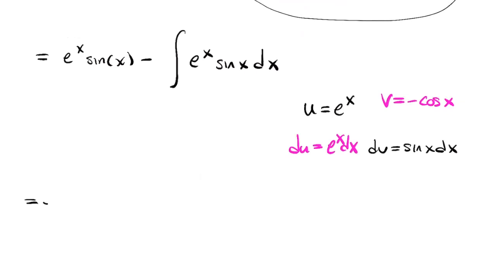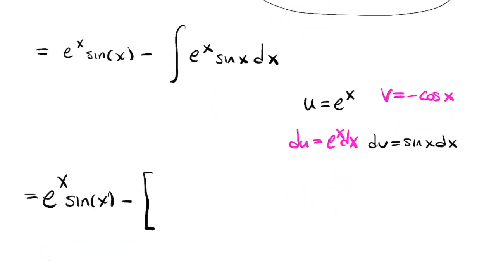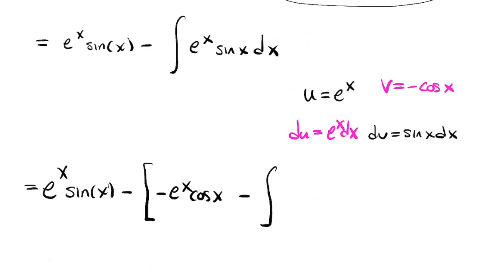I've got some stuff to carefully drag along here. And now I'm going to put a bracket because I'm replacing this integral with something with more than one term, and I don't want to blow that minus sign. So what have I got here? I've got negative e to the x cos x minus the integral of v du.